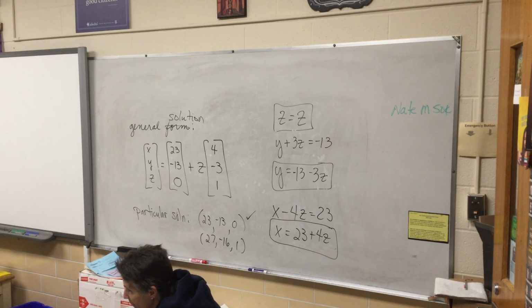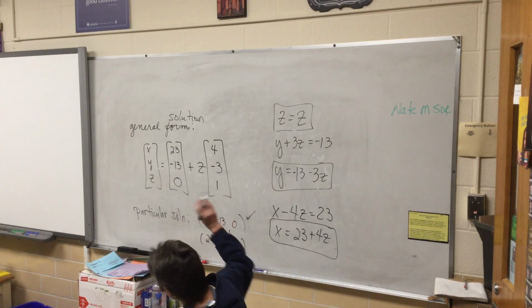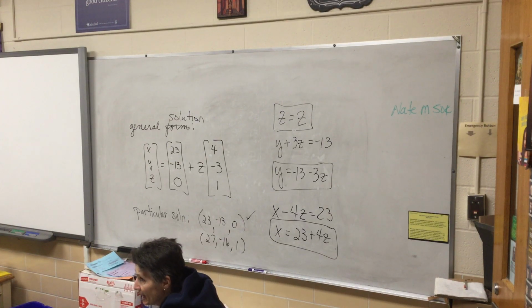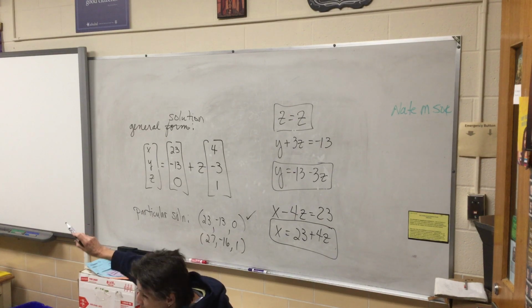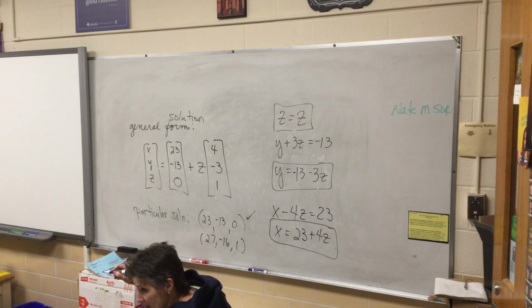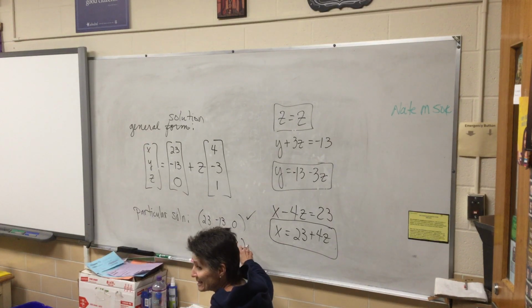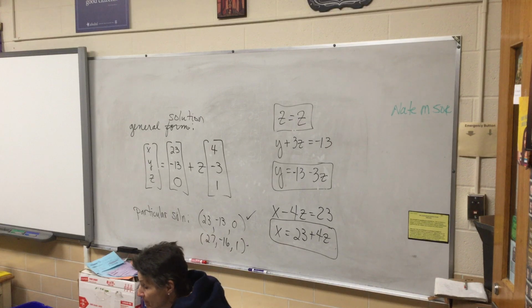But remember the first problem we did? I erased the problem, but it had 3 equations, 3 unknowns, looked just like this. And I said the answer that you found was the point where those 3 planes came together, like the corner of the room. You got an answer like this, just a particular point.